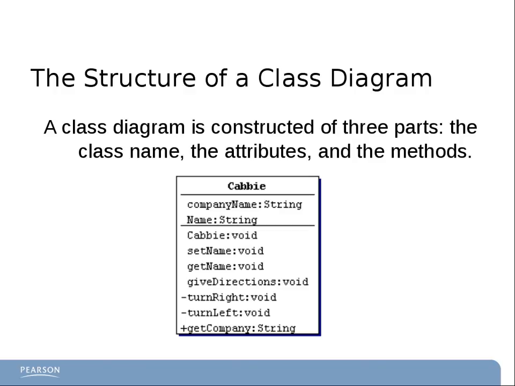And also, they didn't specify what parameters are to each function. I would assume set name would be passed a name. So the constructor is void. Technically, it's void when you're modeling, even though it doesn't actually return in Java, because it actually returns a pointer, and we didn't want to mess with that.